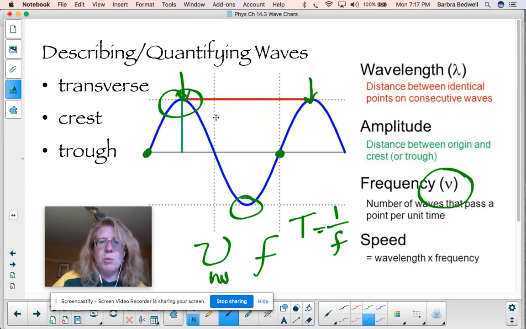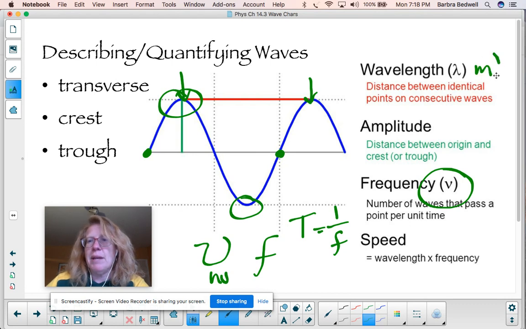This red line and the distance between this green dot and this green dot are both considered to be wavelength, and they both work. You can use either one depending on what's more convenient for what you're trying to measure. Like when you're doing wavelength measurements in the online simulation, sometimes going crest to crest is easier. But that's wavelength. How long is the wave?